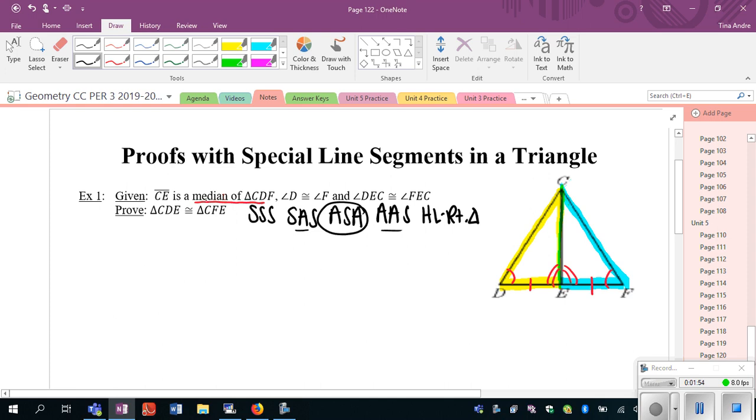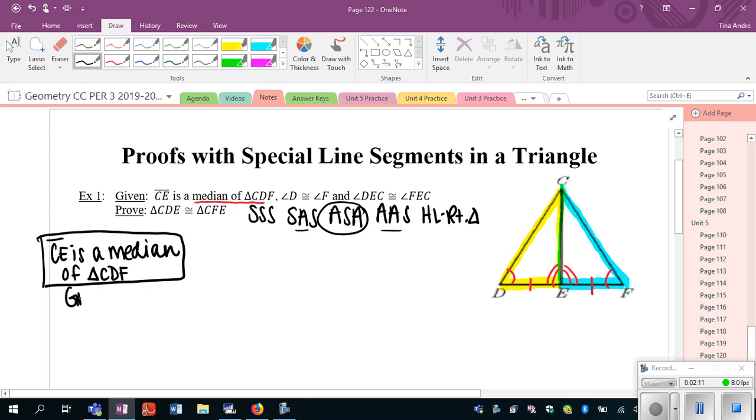So what I'm going to do is I'm going to write down my givens here. So I have CE is a median of CDF. So this was given.